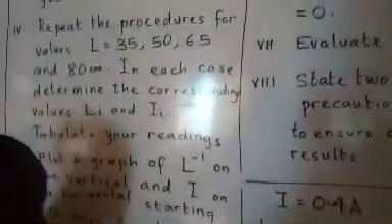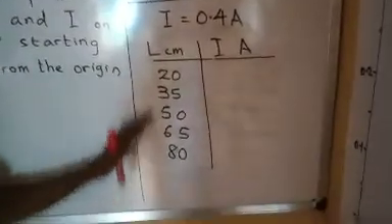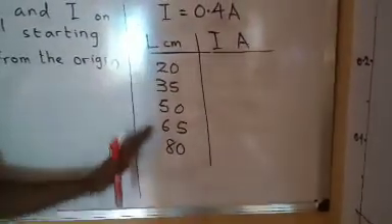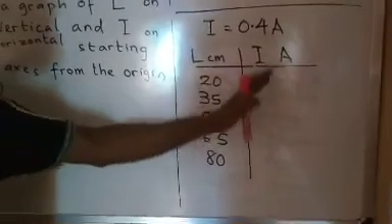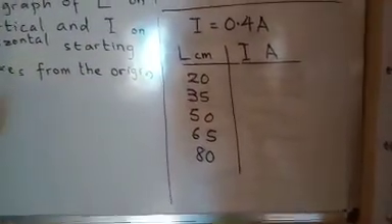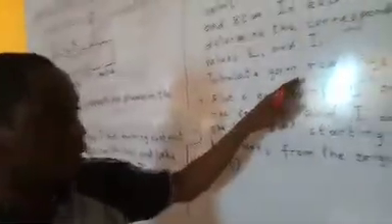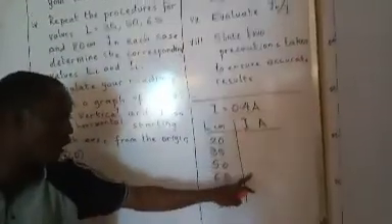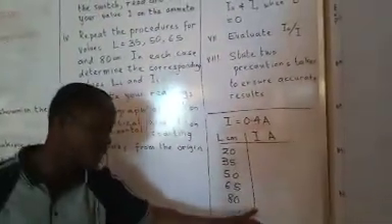Remember, you can have 4, 5 or 6 experiments. You cannot have one. We have 5 or 6, so that when we take the values, we get an average reading or almost accurate result. Then I will start from 20, 35, 50, 65, 80.